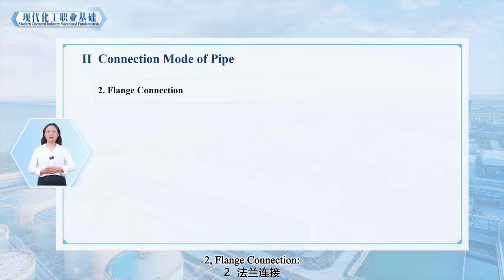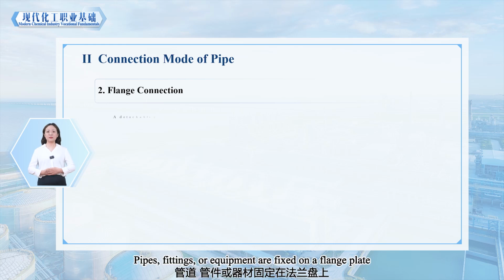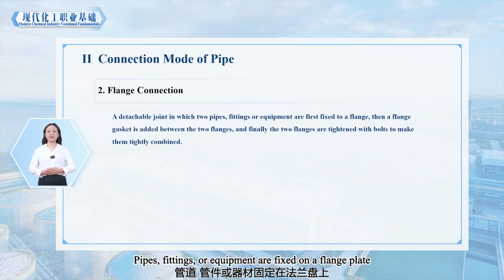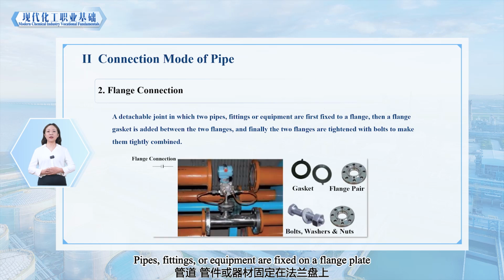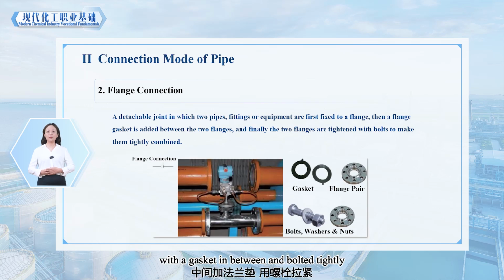2. Flange connection. Pipes, fittings, or equipment are fixed on a flange plate with a gasket in between and bolted tightly. It is detachable. Please watch the flange connection video to understand its method and features.